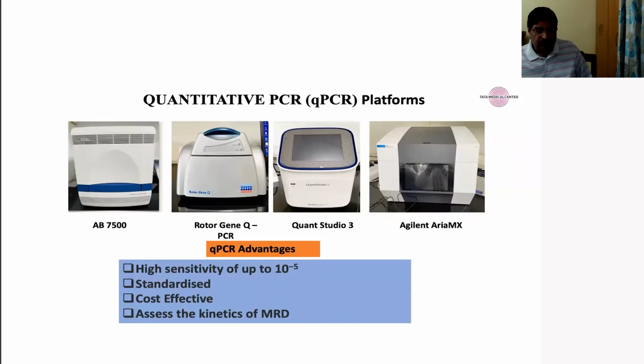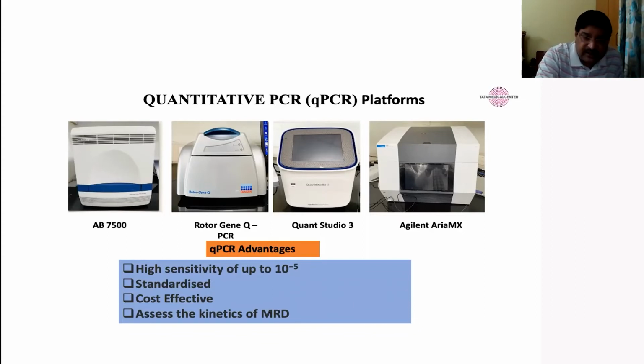So these are the platforms which you use for molecular genetics. I showed you conventional karyotyping and FISH. When you move to molecular genetics, you have many different techniques. You have conventional PCR, reverse transcriptase PCR, and real-time PCR for quantification of the transcripts, which are currently highly sensitive and standardized techniques, very cost effective.